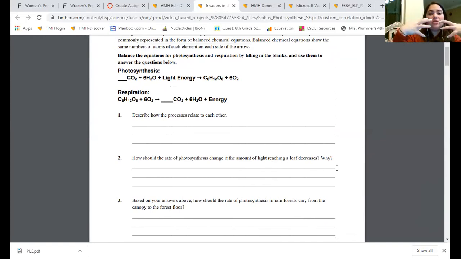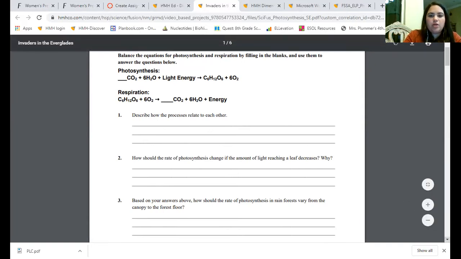That receiving of light is going to increase their rate of photosynthesis. At the bottom floor, understory, you're not going to get as much photosynthesis. So how should the rate of photosynthesis change if the amount of light reaching the leaf decreases? So I want you to write your answer there.